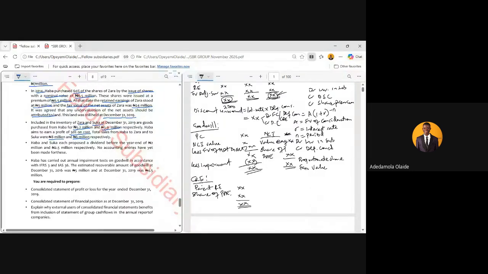But what they actually sold to them during the year is 8 million and 6 million respectively. The 8 million and 6 million we will recognize in the statement of profit or loss. But that 5.2 million and 3.9 million we will work on in the statement of financial position.